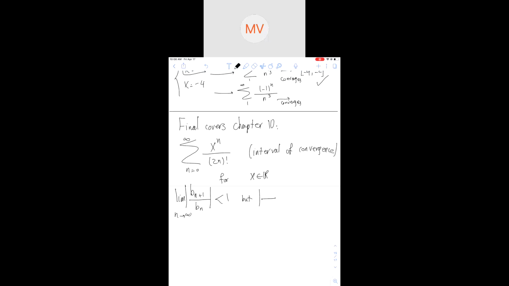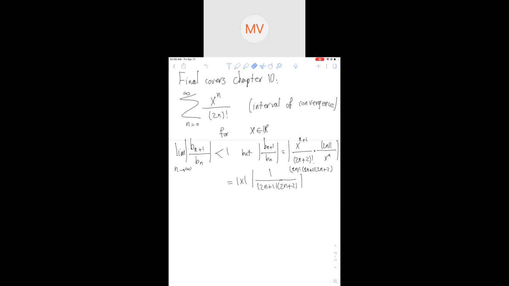But b sub n plus 1 over b sub n is x to the n plus 1 over 2n plus 2 factorial, times 2n factorial over x to the n, which simplifies to absolute value of x divided by, if you notice, 2n plus 2 factorial is 2n factorial times 2n plus 1 times 2n plus 2. So we get 1 over 2n plus 1, 2n plus 2.